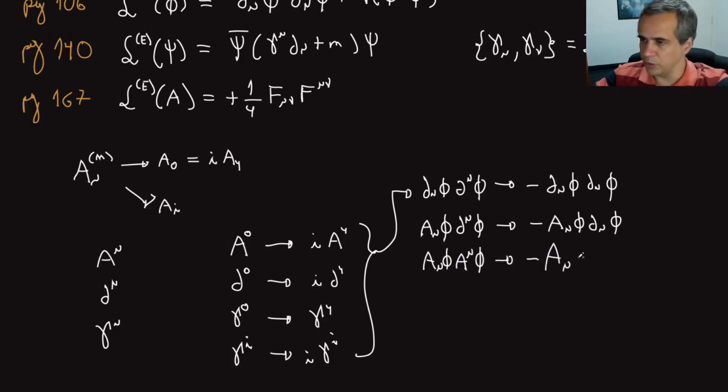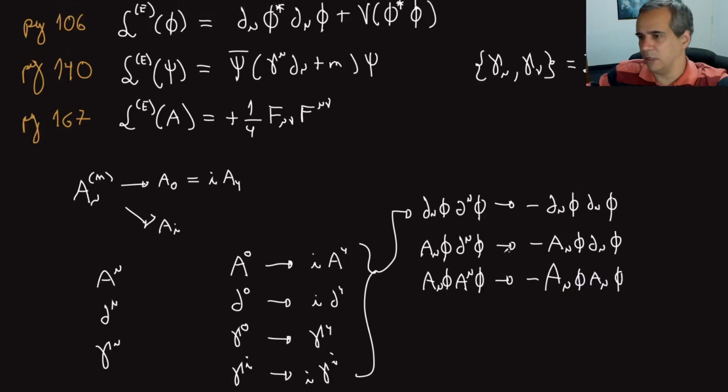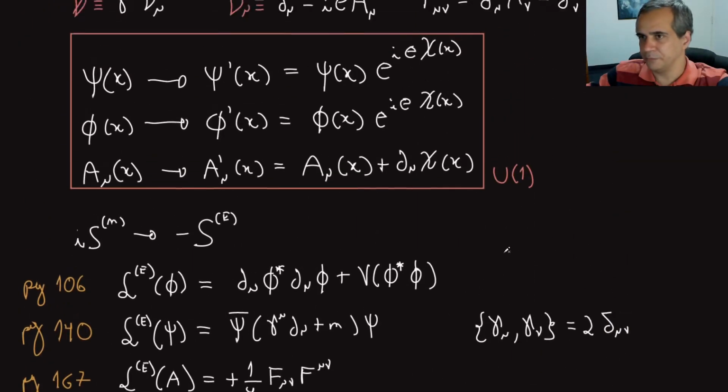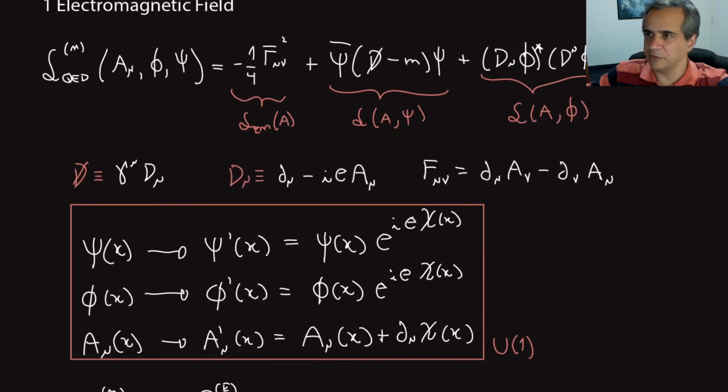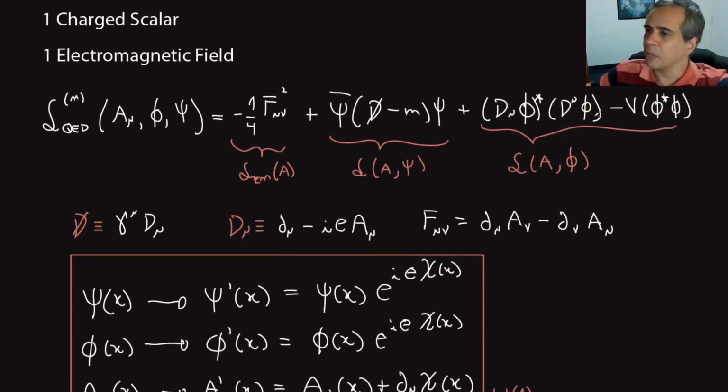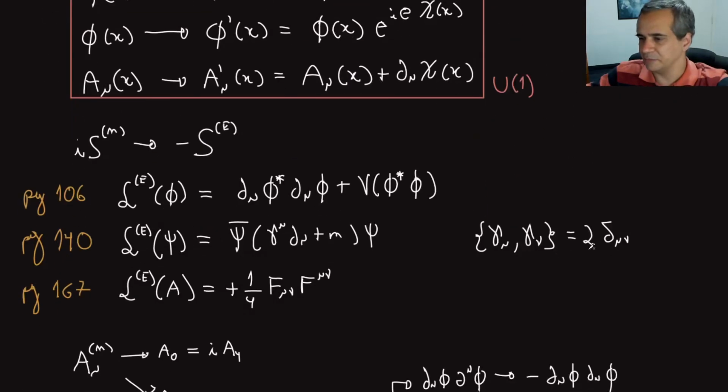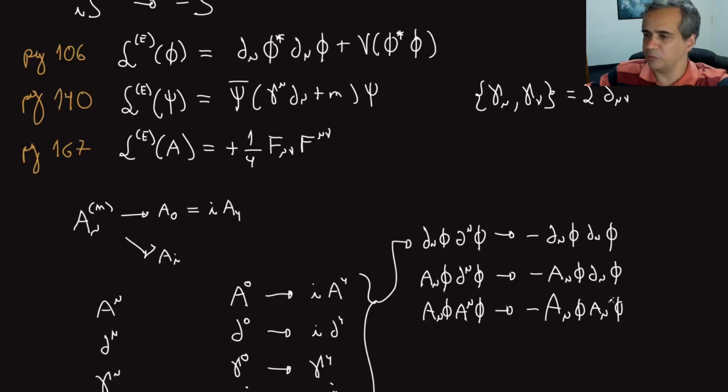And that means that this whole part here with the covariant derivatives, all the pieces that are here, the derivative and the field, they all change with the same sign. All these parts change with the same sign. So I can just go here and change this to the covariant derivatives.